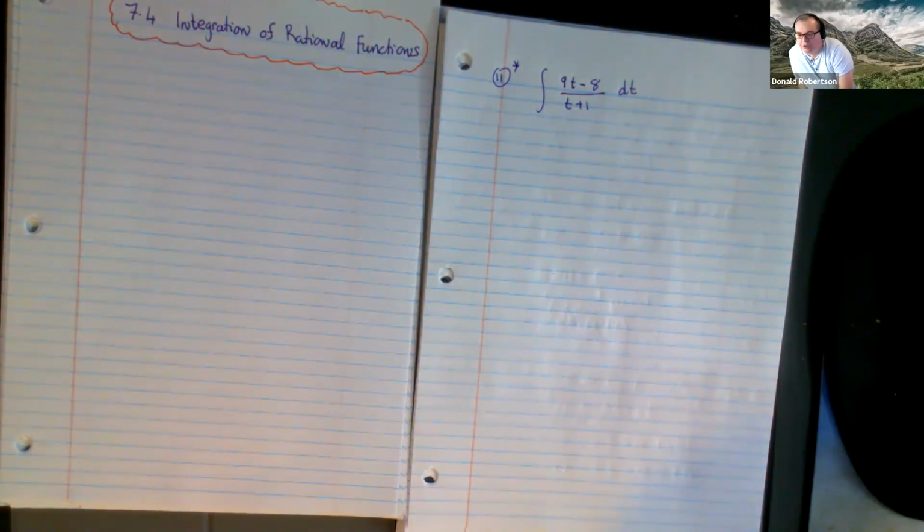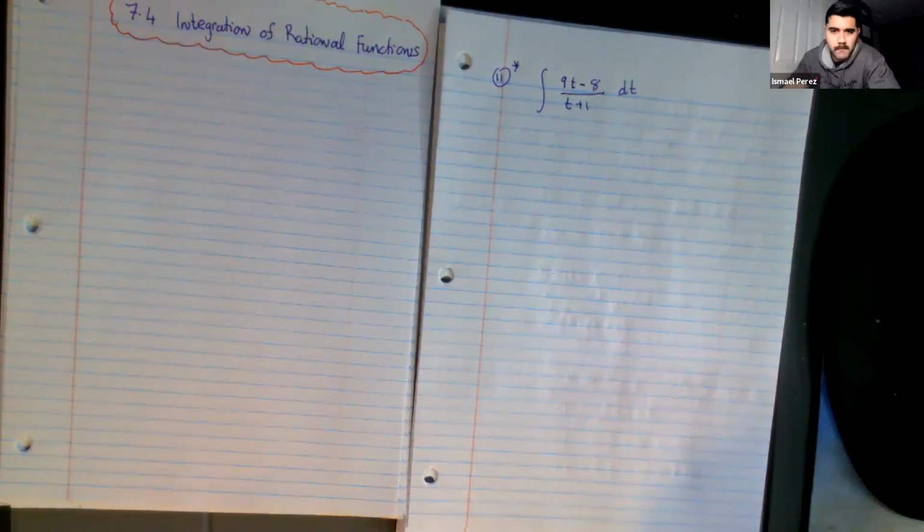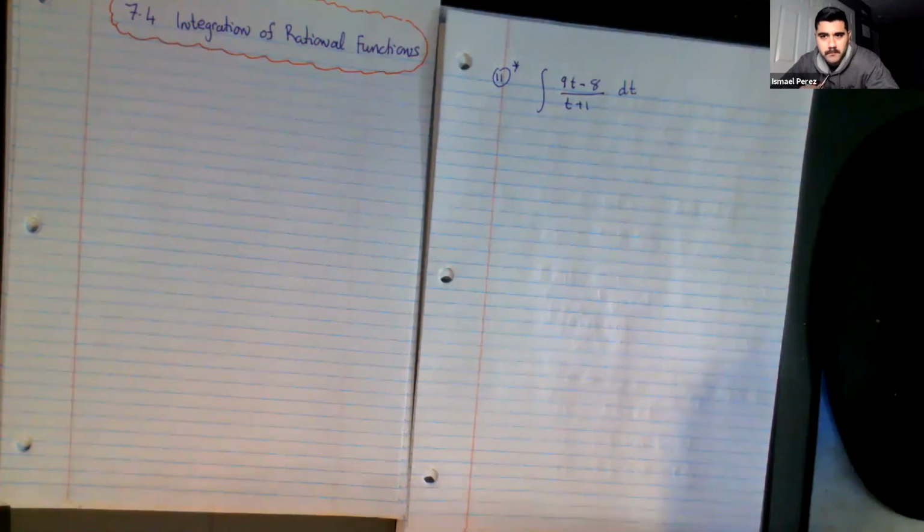Unfortunately, it doesn't work, but good thought. That would very often work in other questions. Totally fresh outlook. Would you split the integral so that it's equal to 9t minus 8 and then plus 1 over t plus 1?